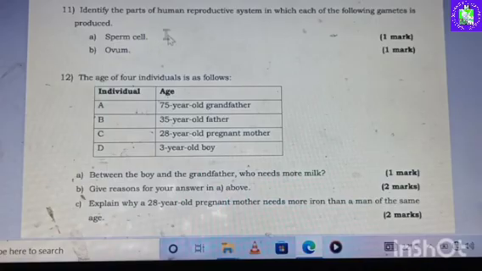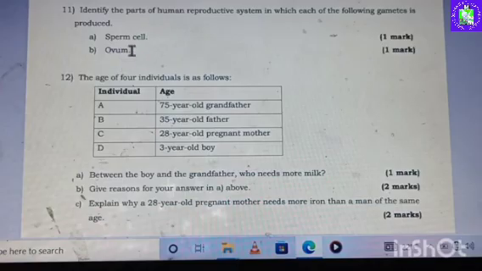Sperm cell is produced by the testes, while the ovum is produced by the ovary. The first one is the male reproductive organ, the testis. The second one is the female reproductive organ, the ovaries. Meaning that all of these are gametes.